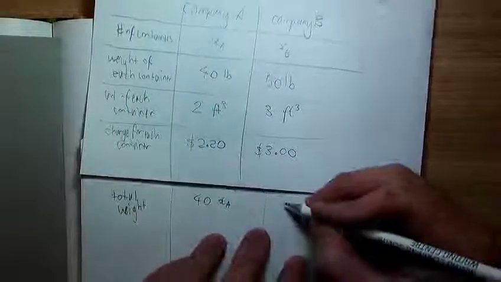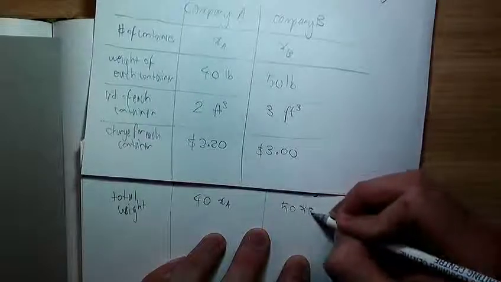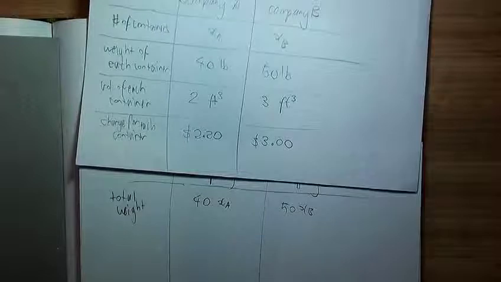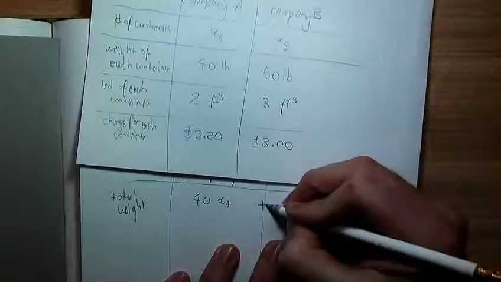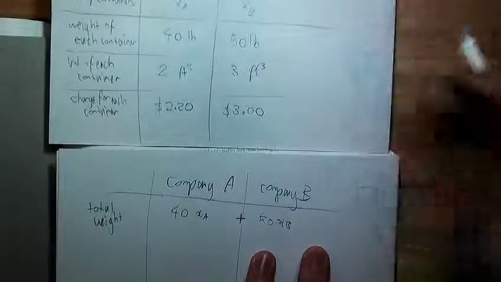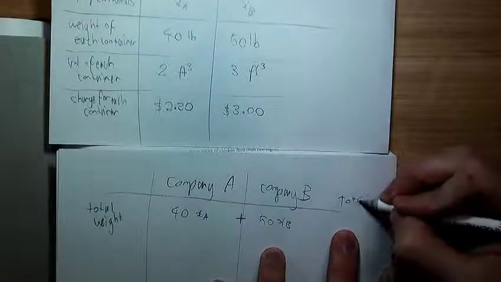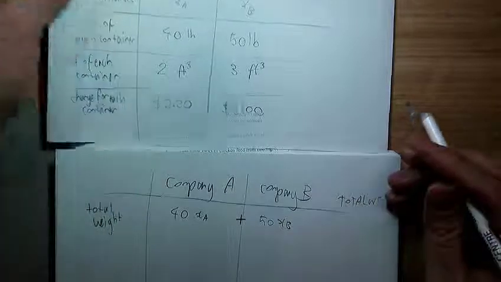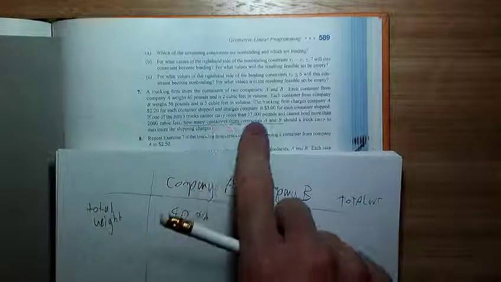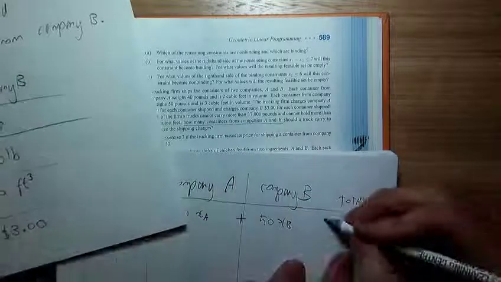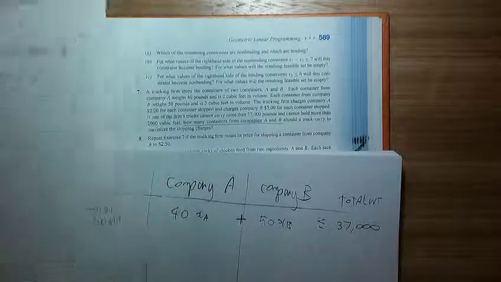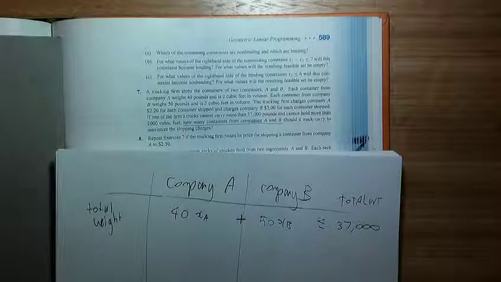So the total is 50 times XB. And here's the trick. These two numbers together is the total weight. And that total weight, I can't carry more than that, so it has to be less than or equal to 37,000. There's one of my constraints.